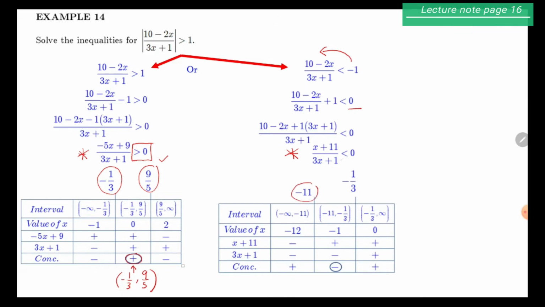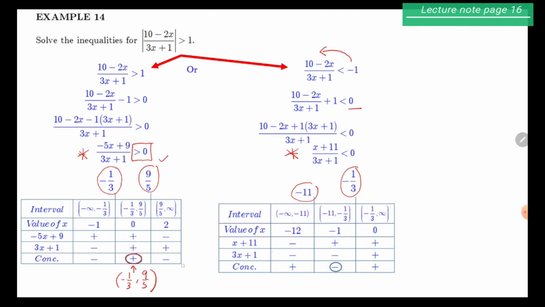Another one is for our denominator, we have 3x plus 1 equal to 0, so that we have x equal to -1/3 as our critical value. So the intervals that we have here are from -∞ up until -11, -11 up until -1/3, and from -1/3 up until infinity. So the value of x that we can choose here is any value that's suitable in our interval. So I choose -12, -1, and 0.